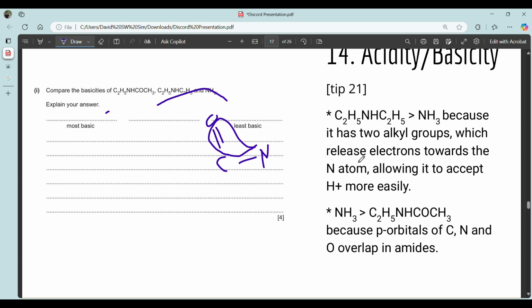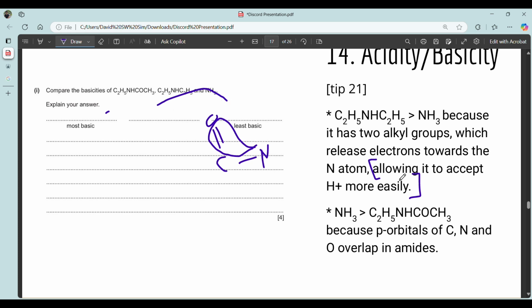So in this case, one thing I always recommend is rather than just saying base means to accept H+, you work it into one of the explanations. So in this case, I worked it into the first explanation by talking about how it releases electrons towards the N atom so that it accepts H+ more easily. So in other words, first you list out most basic to least basic. You talk about why this is more basic than this, and this is more basic than this.